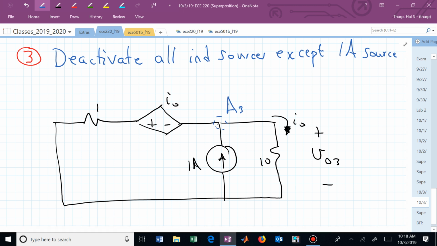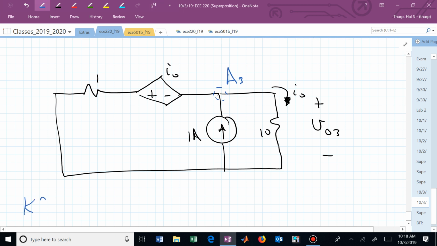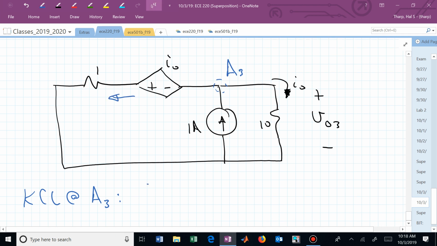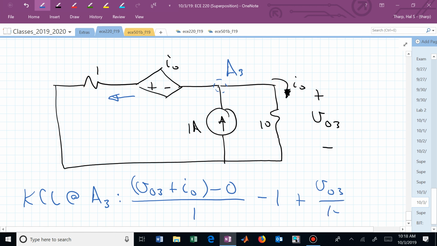KCL now at A sub 3. Says we have this current, which is V sub 0 3 plus I sub 0 minus 0 over 1 minus 1 plus V sub 0 3 over 10 is equal to 0.